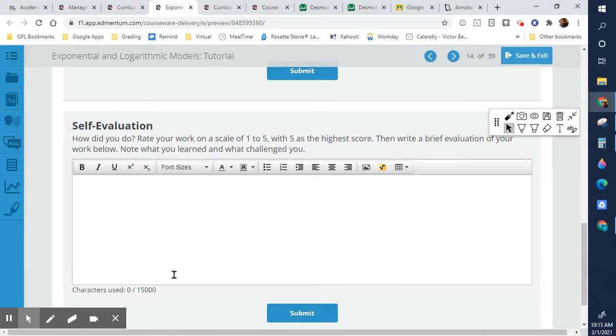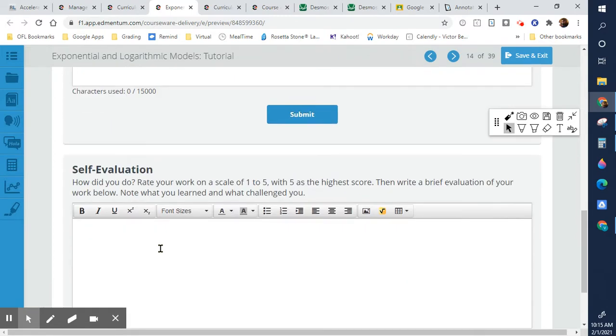So explain how you did here. This one, feel free to grade yourself a little hard if you don't understand it. Again, we're not grading you based on what you know now. That's what the tests are for. This is a time to reflect and ask yourself, do I understand how to rewrite this?